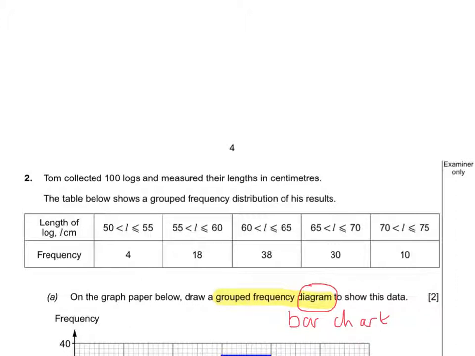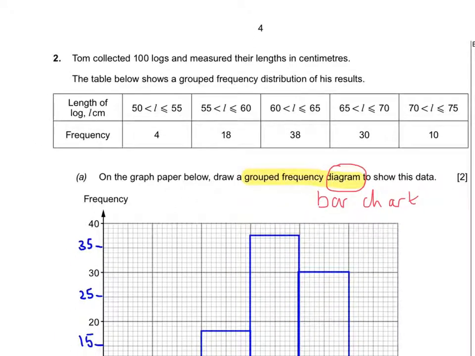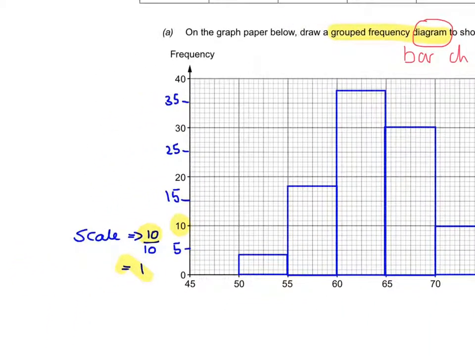Okay? The difference between a normal bar chart that you've done back in the day in year 7 is that this time the bars will touch because it's continuous data. So if I start scrolling down showing what we had, they already did the scale for you on the axes, which is always a bit of a treat, I know. Scale here, you work out, if you look at this number 10, you work out how many little squares go up the side here.